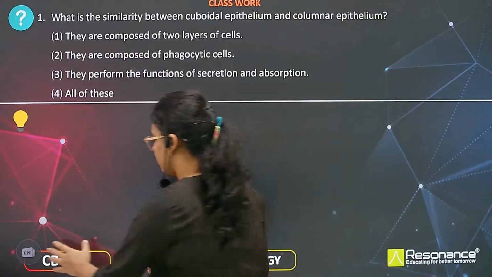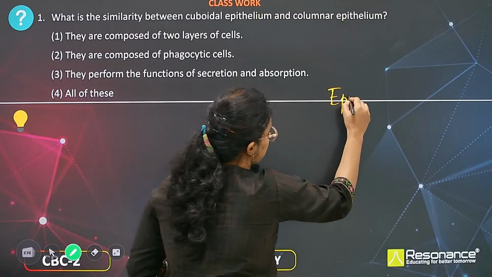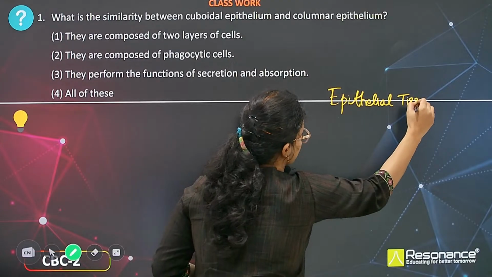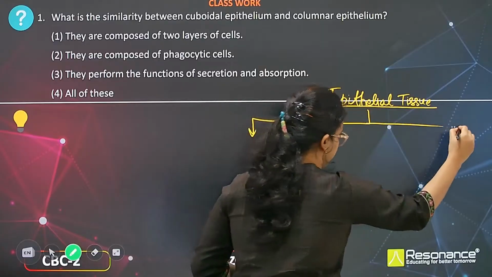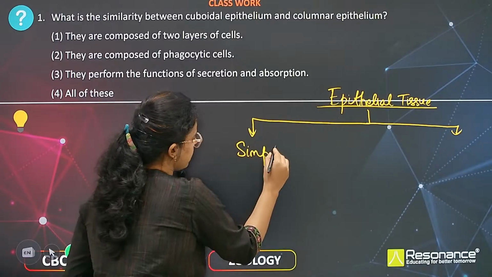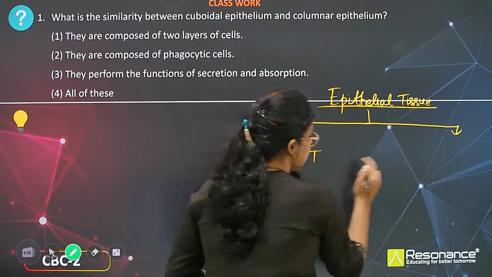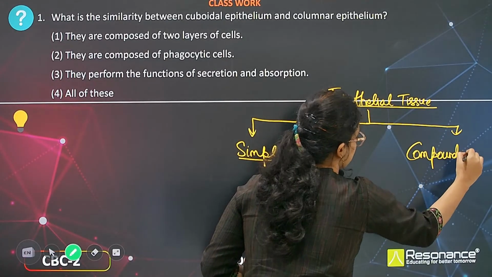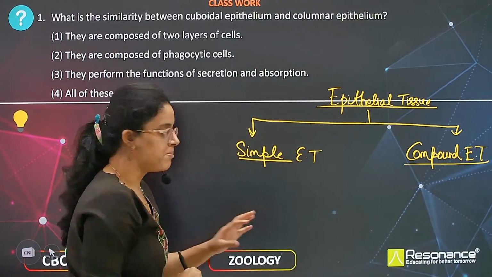So I am repeating here, the epithelial tissue consists of two types: simple epithelial tissue and compound epithelial tissue.